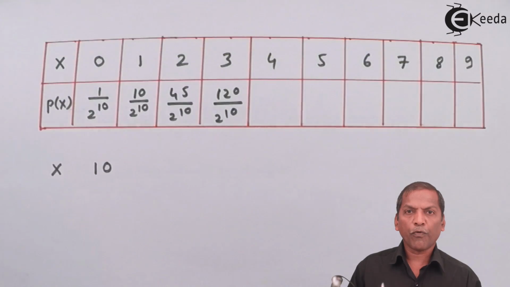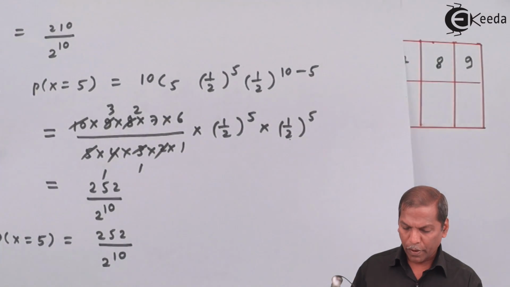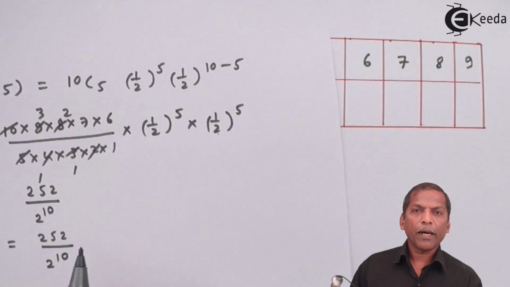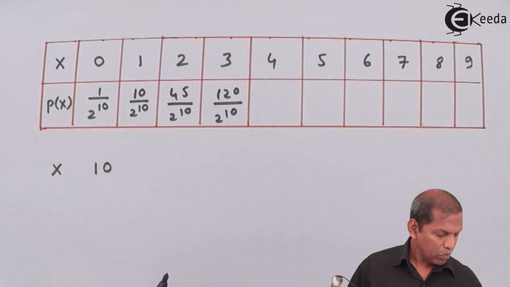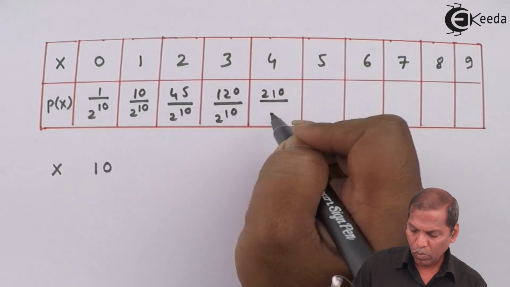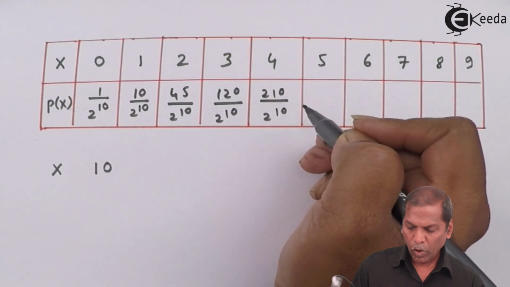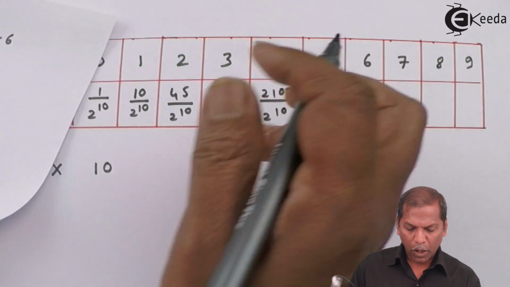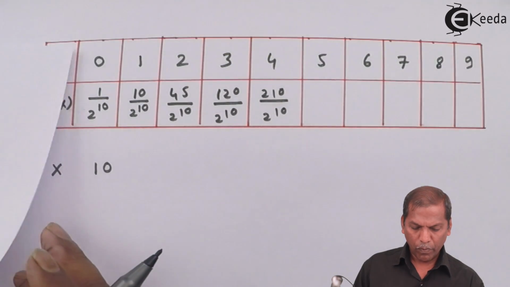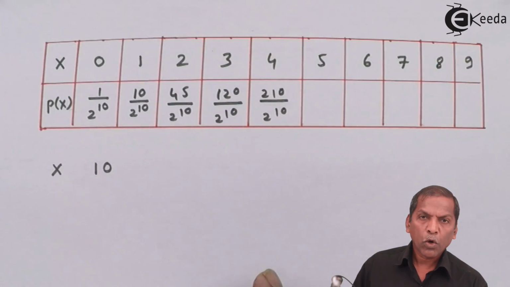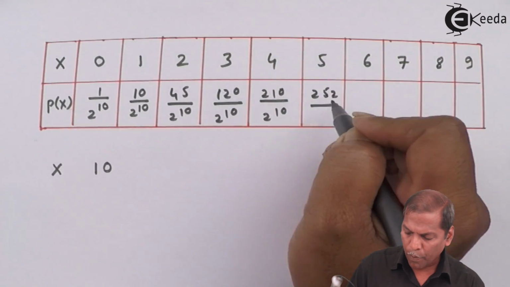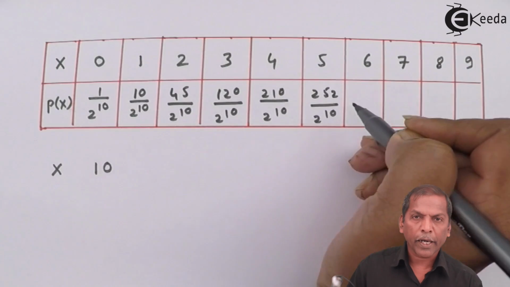For x equal to 4, we have probability 210 upon 2 raised 10. Then for x equal to 5, we have probability 252 upon 2 raised 10.